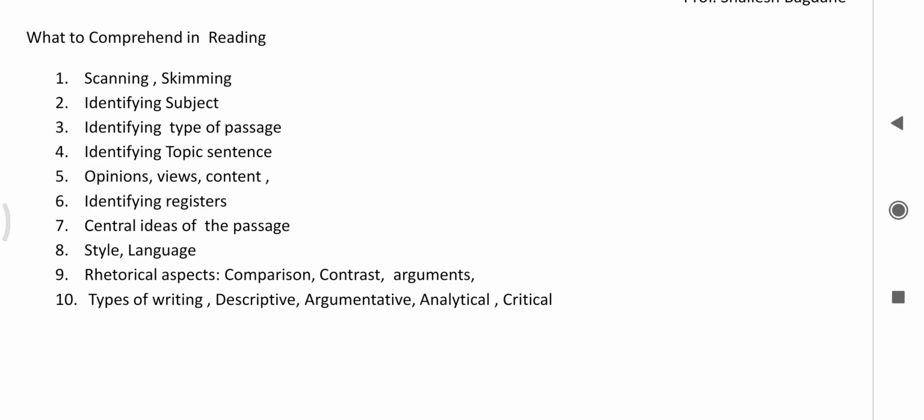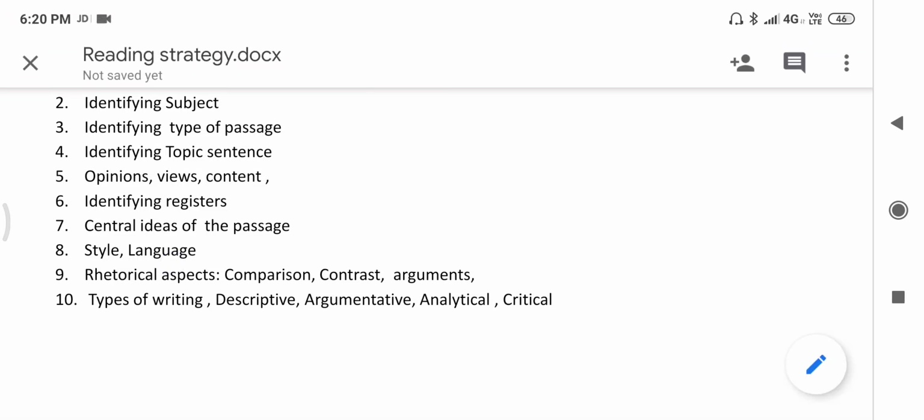Then another aspect that we need to go through is the rhetorical aspect. Rhetoric means how the whole passage is organized, right from the beginning of the first sentence till the end of the passage. If a comparison is being made, the language is comparative.